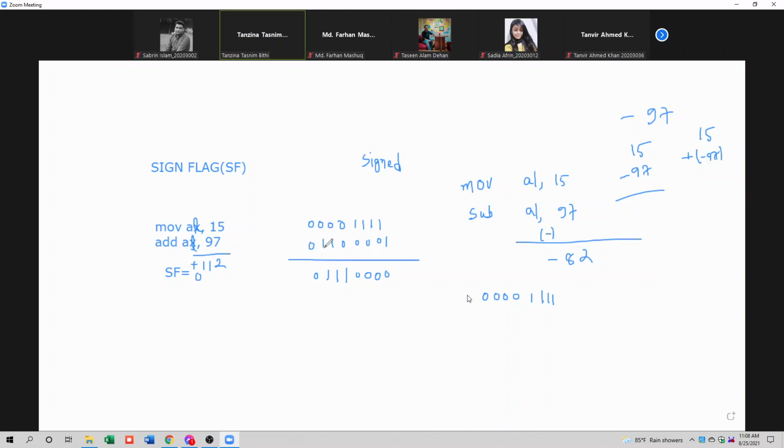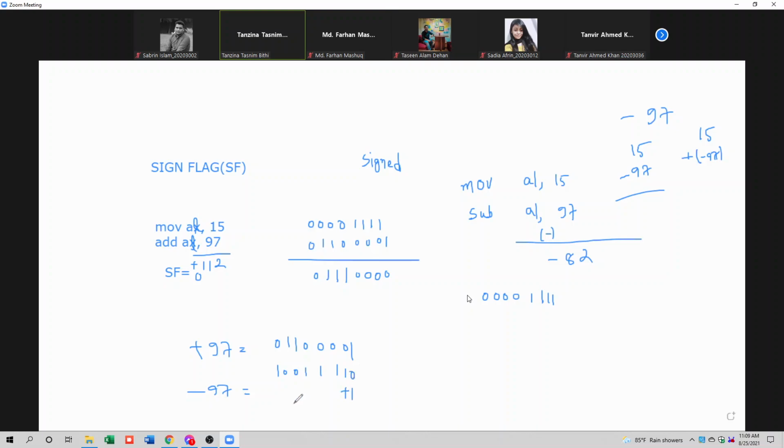So what will be the 2's complement of 97? This is the binary representation of 97, plus 97, right? But we need to find out the binary value of minus 97. So we will apply the 2's complement method. After 1's complement, we will get 1, 0, 0, 1, 1, 1, 1, 0.